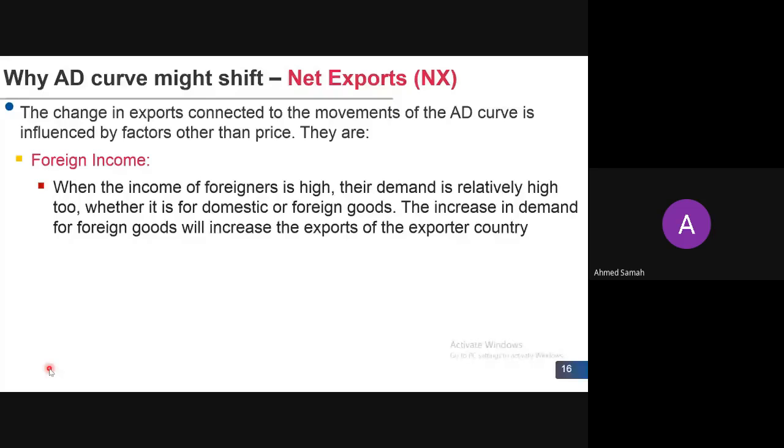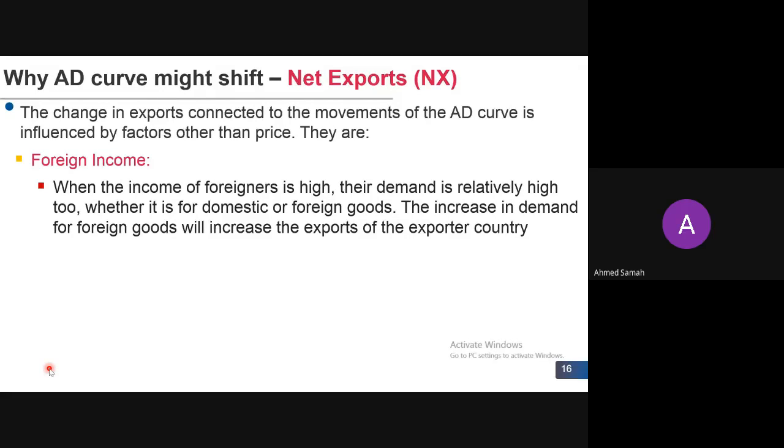So if a foreign country's income rises, they will demand more domestically produced goods or even imported goods. Because of that, the demand for foreign goods will increase, and it will increase the exports of the exporter country.